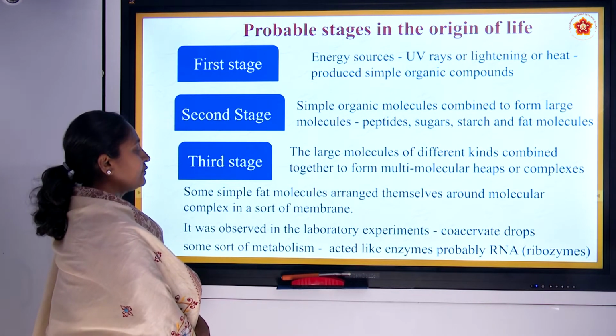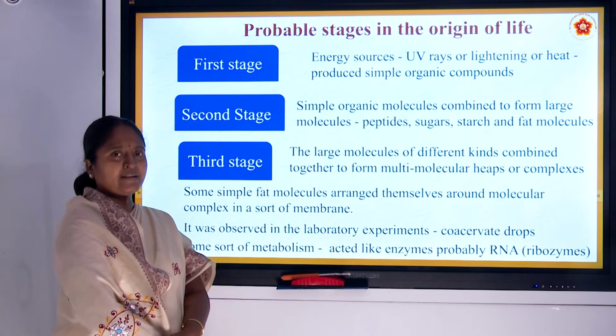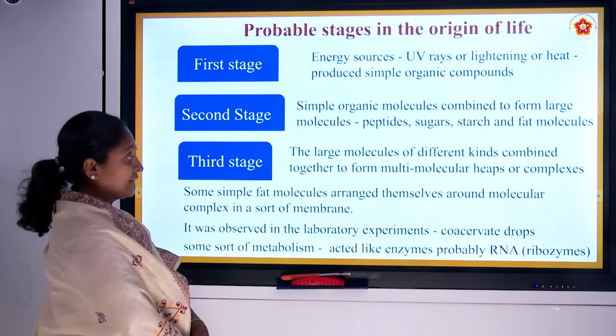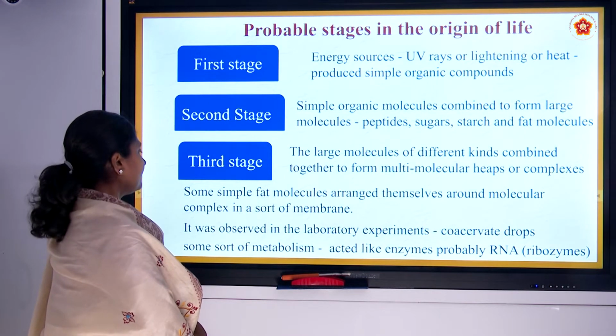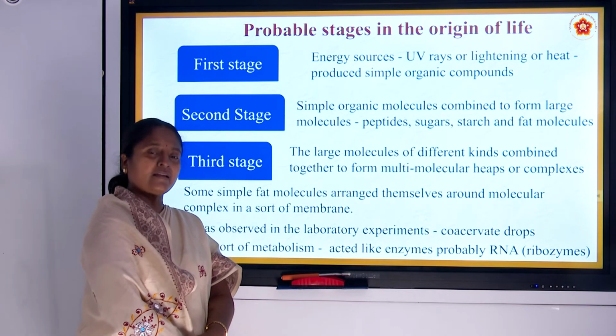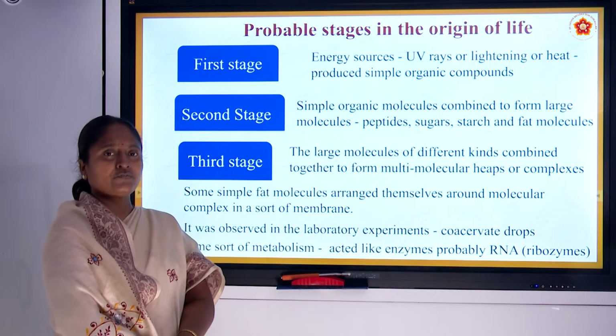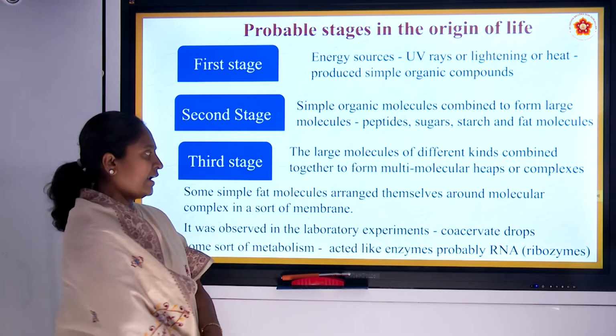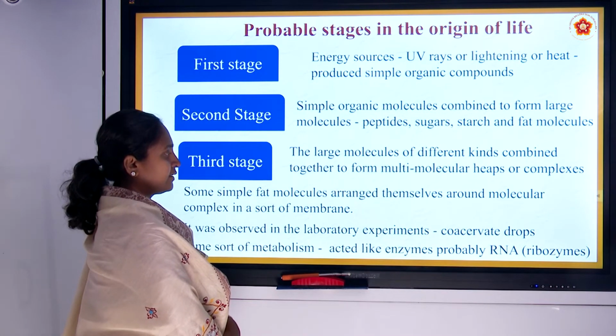And these were observed in laboratory experiments done by scientists, which we will see in the next slide. So, it shows how the origin of organisms happened in these stages, and they are known as coacervates.